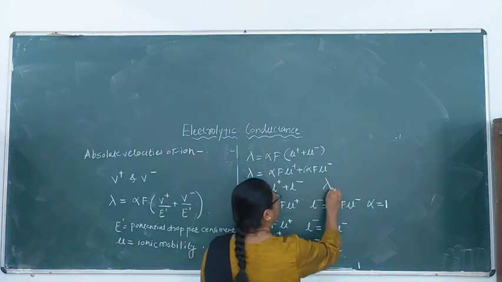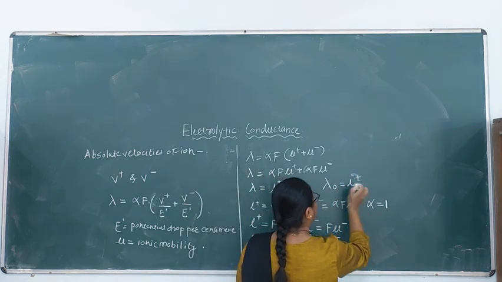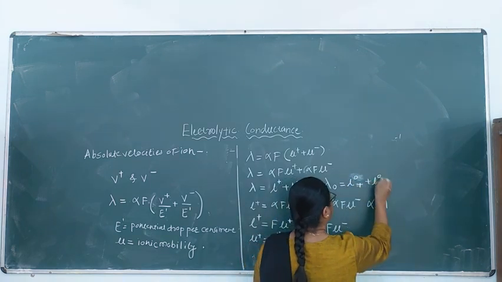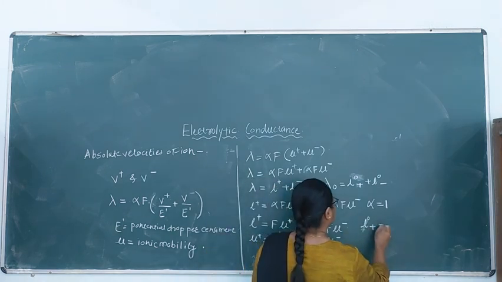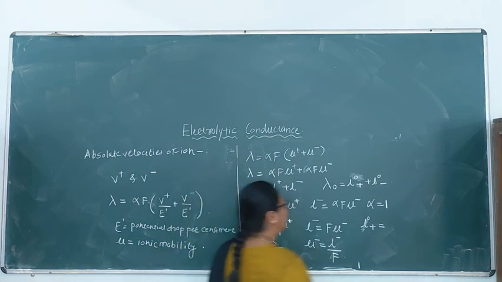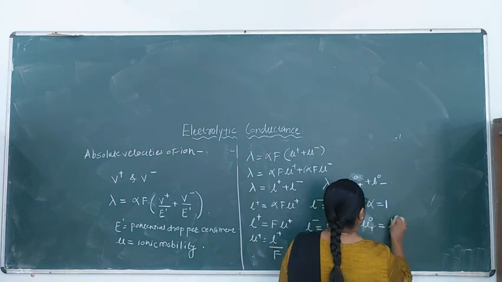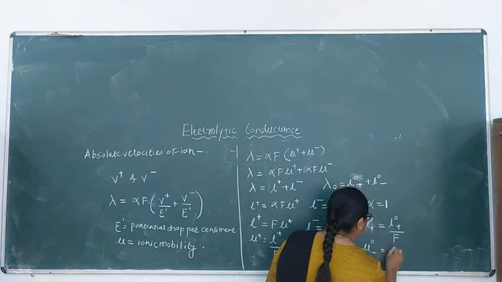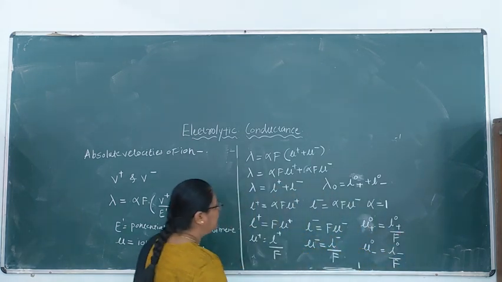If we write this relation at infinite dilution, lambda 0 is equal to L0 plus plus L0 minus. Instead of ionic mobility we write the ionic mobility at infinite dilution: mu 0 plus is equal to L0 plus divided by F. Similarly, mu 0 minus is equal to L0 minus divided by F. So these are the relations.